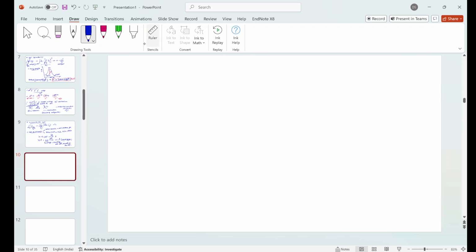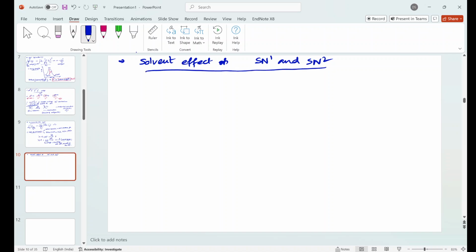Okay, so just for a comparison of SN1 and SN2. So first thing is the case of SN1.